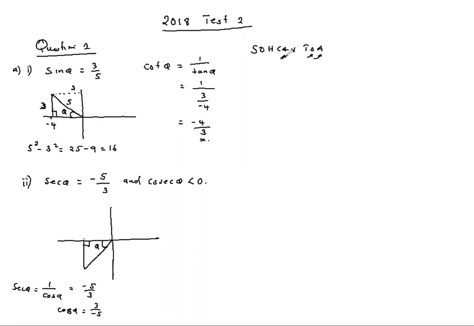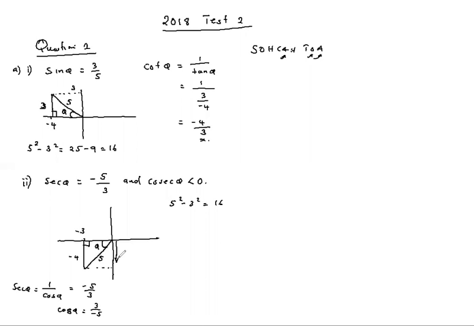So the adjacent here will be negative 3. Hypotenuse is never negative. So what will be the other side? Again, we'll say 5 squared minus 3 squared, which is 16. So again, we have a 4, and it's a negative 4 because it's this distance from that line going down.